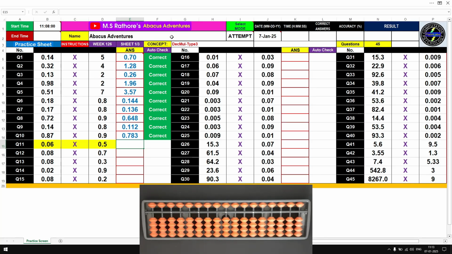Alright. So in 0.06 there is a 0 after the decimal point. It will be treated as -1, and in the multiplier, that is 0.5, there is only one 0 before the decimal point, that is treated as 0 only. So -1 plus 0 is -1. In this case we have to place the left index finger on rod number -1.